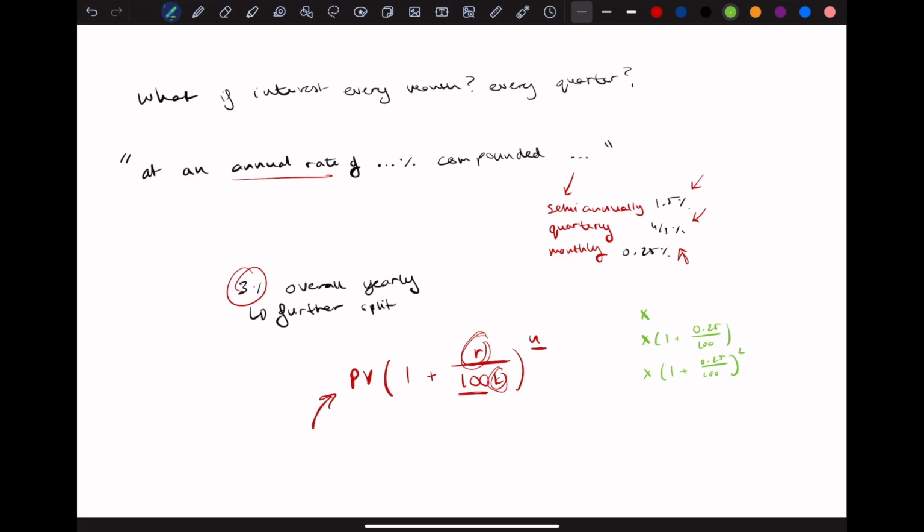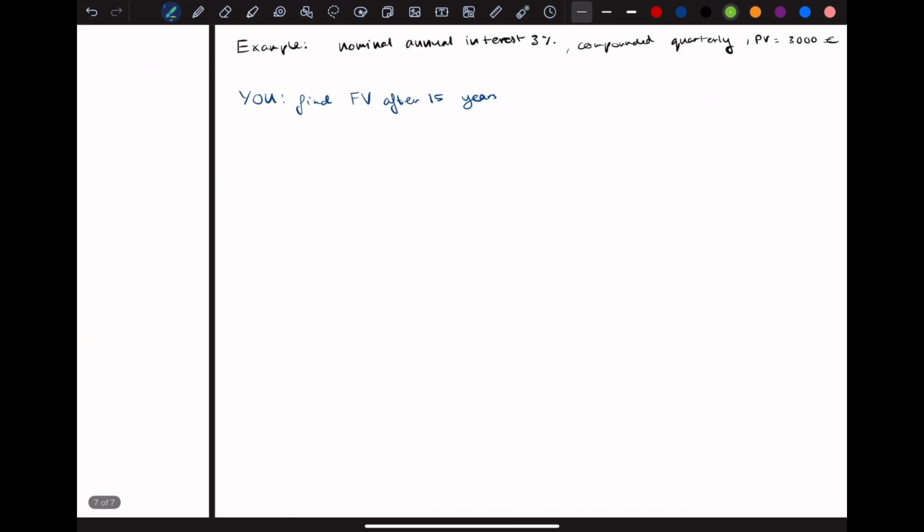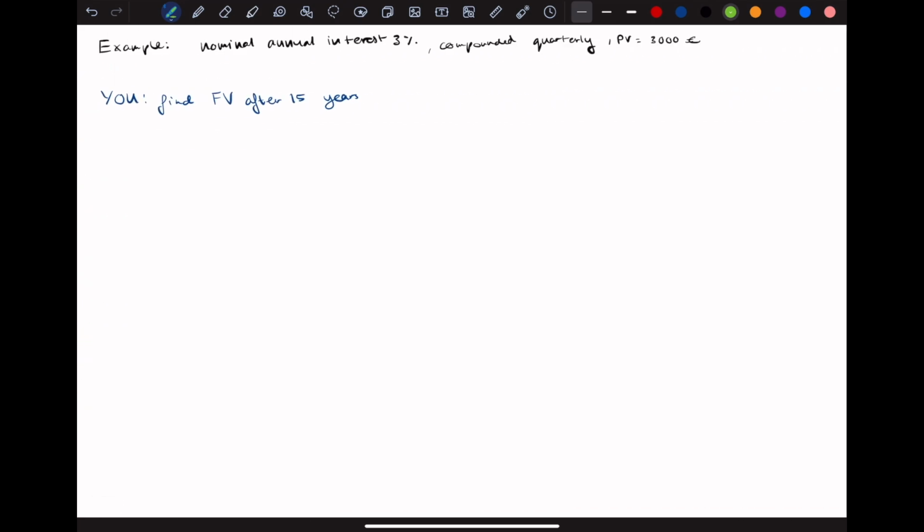And this is where the k here comes from, because in the end, you won't be doing a compound period every single year, but you'll be doing it every single year times the amount of compound periods per year. So for example, if we did monthly, we would have 12 compound periods every single year. So when n equals 1, we're going to have 12 compound periods because we're going to be compounding our money every single month.